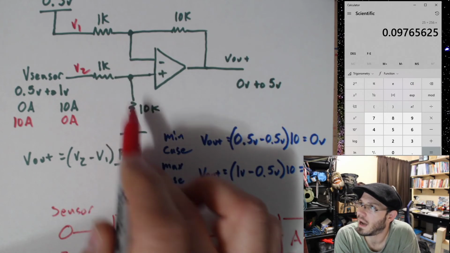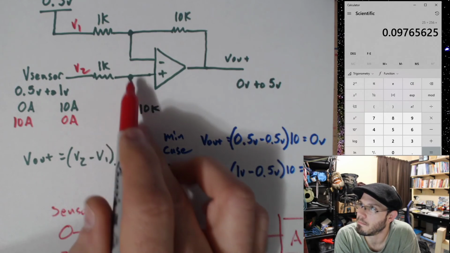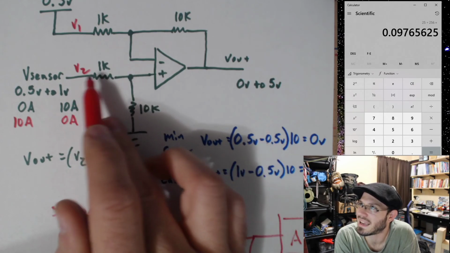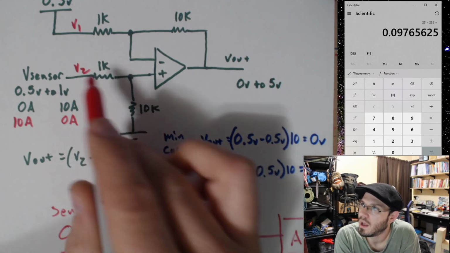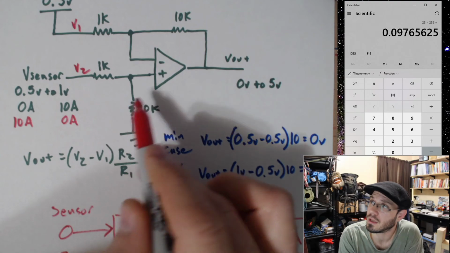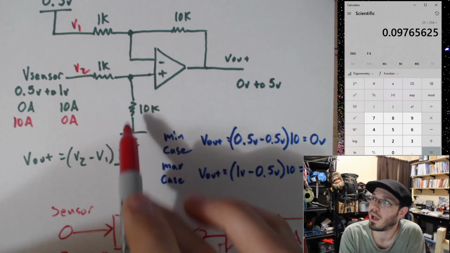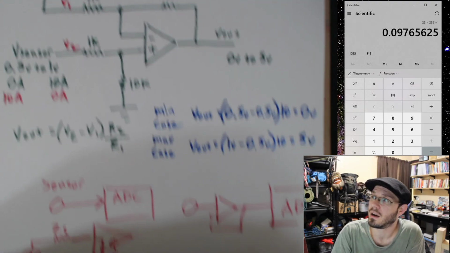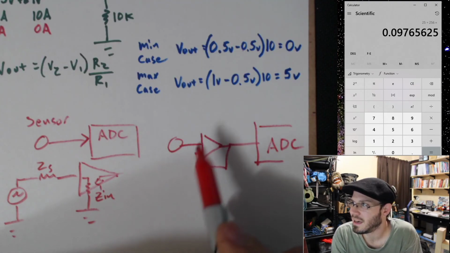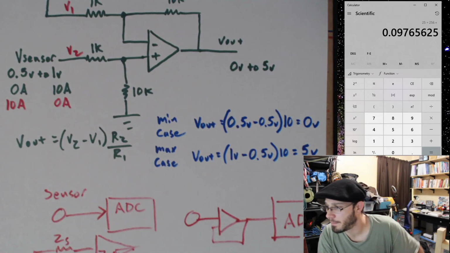So I do have high impedance, but I also have some medium to high impedance here. So this will affect your signal because you're driving an 11K load essentially over here. So you're probably going to need a voltage follower in front of this to do this properly.